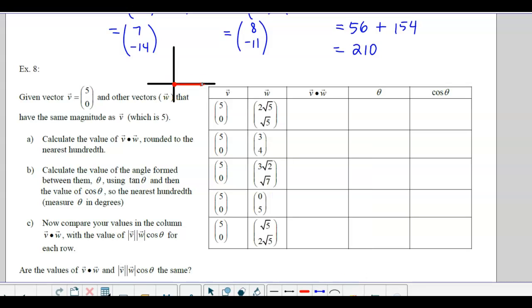Okay, and then this vector here has the same magnitude as v. All of these have the same magnitude. So on the graph, they're all in the first quadrant in this case. So somewhere in the first quadrant, the magnitude is there. I'll just change the color of that actually.